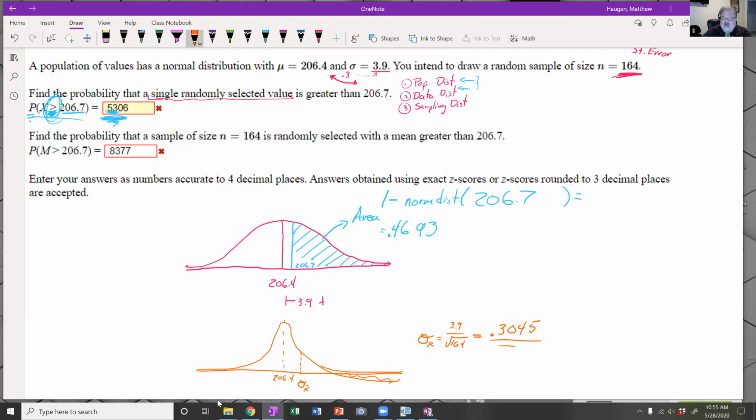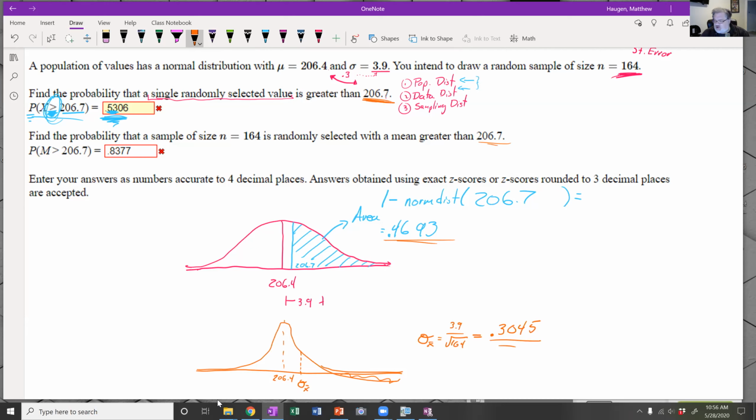So here, the chances of being more than 206.7, well, it's going to be about half of our data. The chances of our average being more than that should be less because we have less variance in our averages.